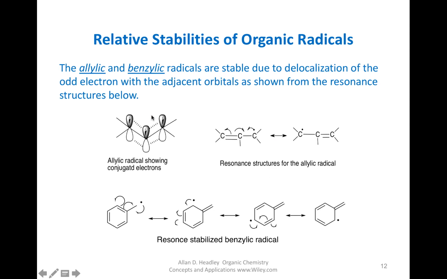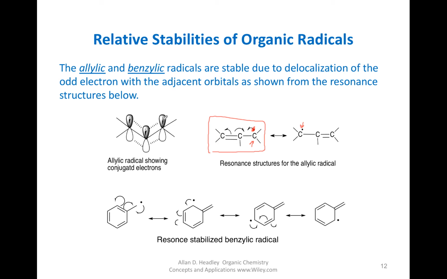All right, let's see why though. Why is the allylic radical stable compared to the secondary radical? So here is an example of the allylic radical. So we have one electron here in that p orbital. Remember, this carbon here is sp2 hybridized with a p orbital that's unhybridized and contains the odd electron. So, as you know from resonance, we can delocalize this odd electron over to this carbon.